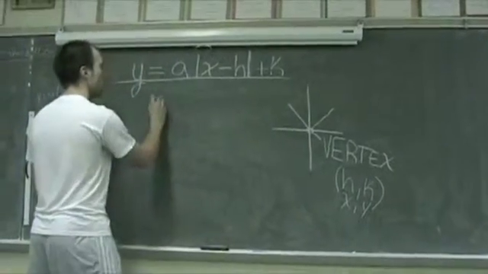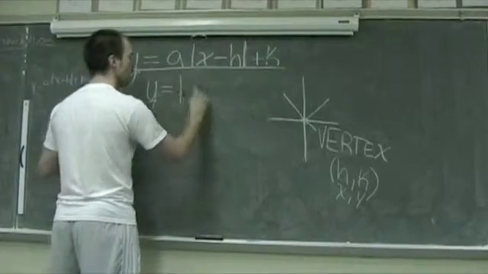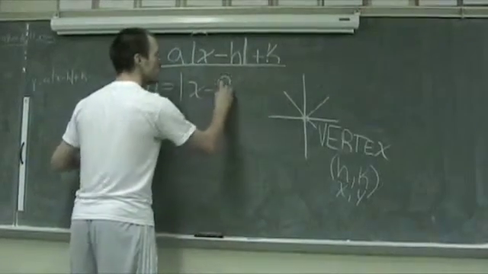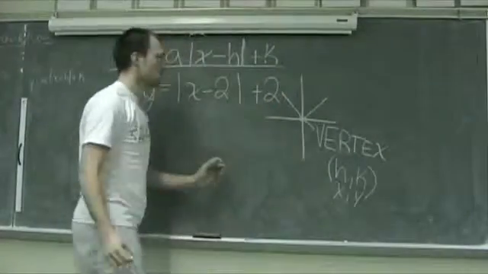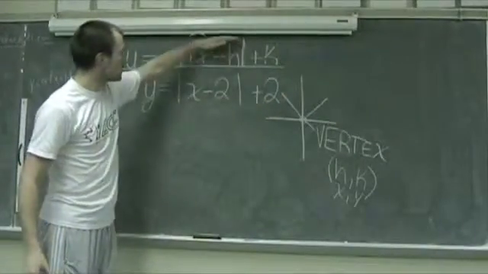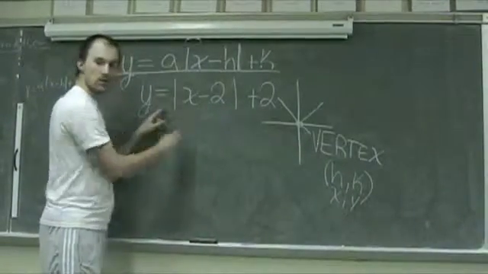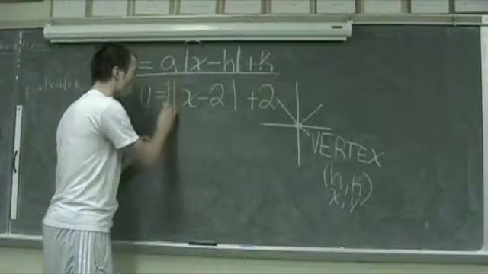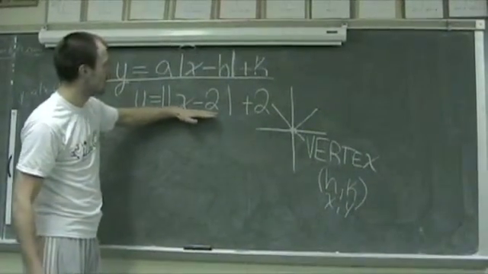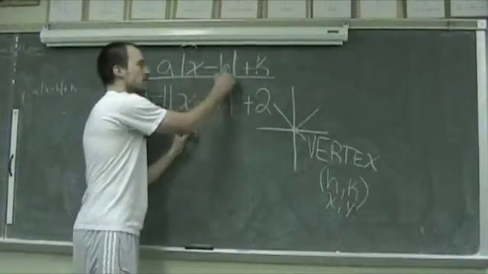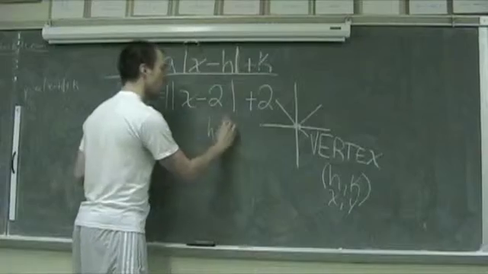So if we were to have the function y is equal to the absolute value of x minus 2 plus 2. Again, looking at the similarities between our top function and the bottom function here. A, we don't see a, but we assume it to be 1. So a is 1. This will be the same type of graph. x minus 2, well, we have x minus h, so we know that the h value is equal to a positive 2.